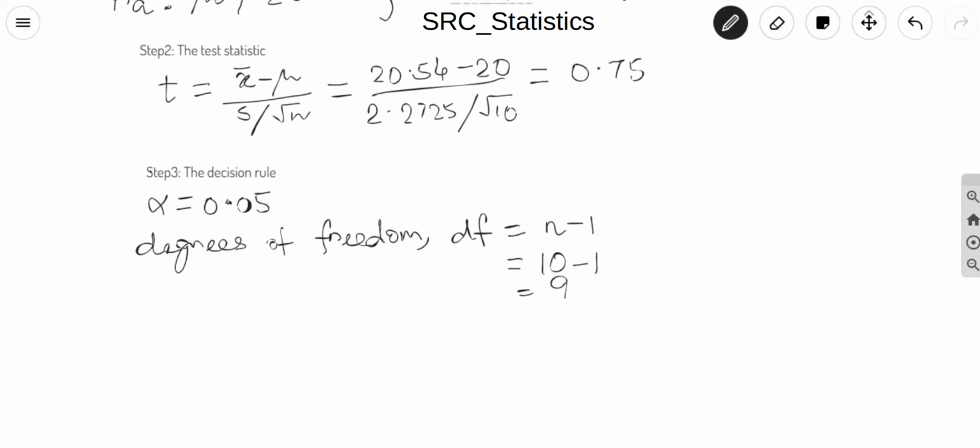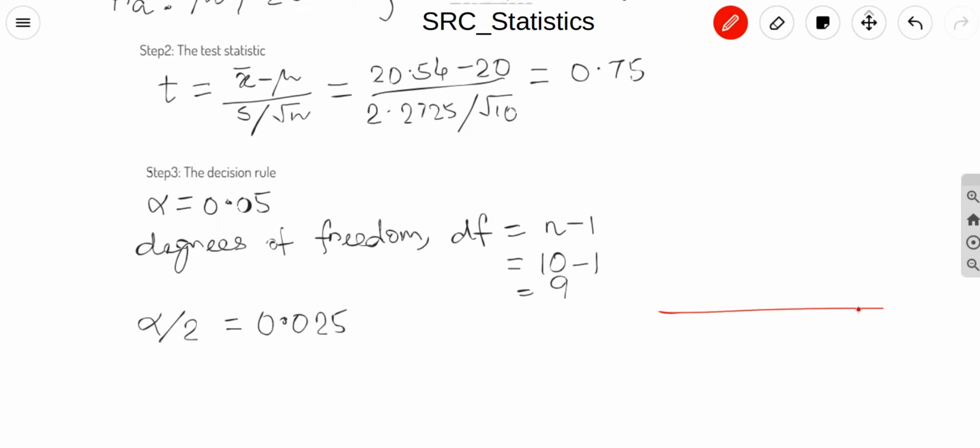Okay, so for level of significance alpha equal to 0.05, if it is a two-tailed test, then what we do, we divide alpha by 2. That means the critical region will be at both tails. Okay, and the area for the critical region is 0.025.